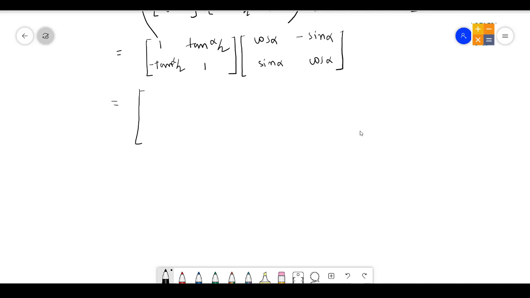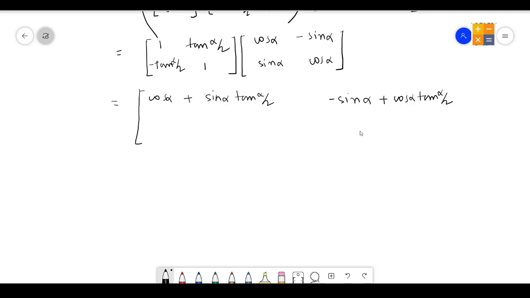So 1 into cos alpha will be cos alpha plus tan alpha by 2 into sin alpha, it is sin alpha into tan alpha by 2. Then coming to this position, it is 1 into minus sin alpha, it is minus sin alpha, then plus tan alpha by 2 into cos alpha, so cos alpha into tan alpha by 2.